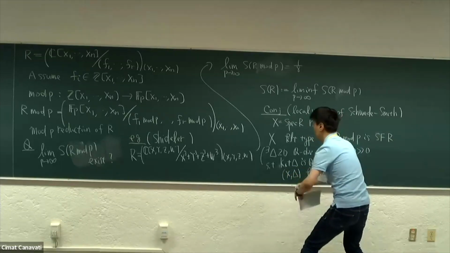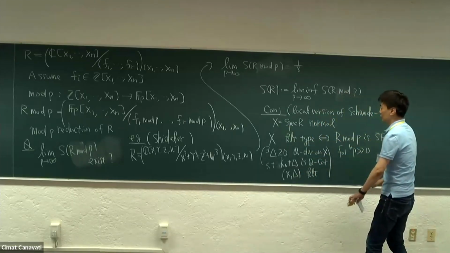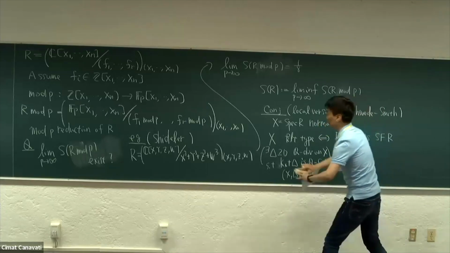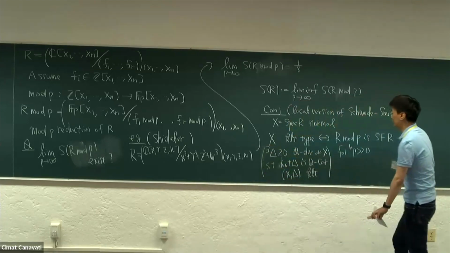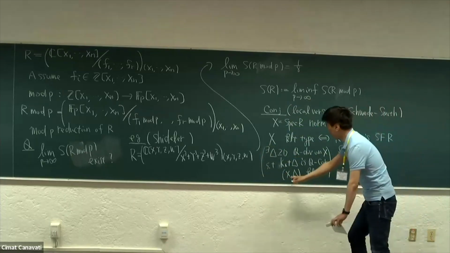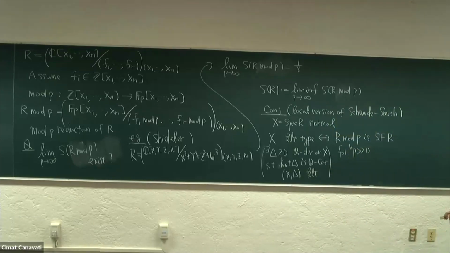So X is not necessarily Q-Gorenstein, but K_X plus Delta becomes Q-Cartier and the pair is KLT. I won't explain the definition of a KLT pair, but anyway, it's not important in this talk.